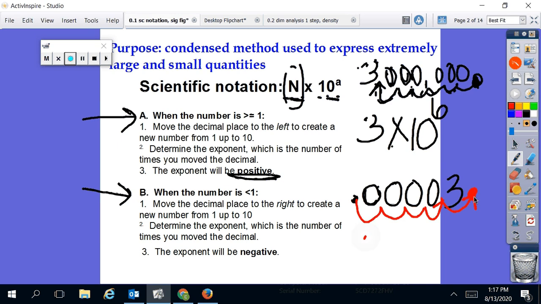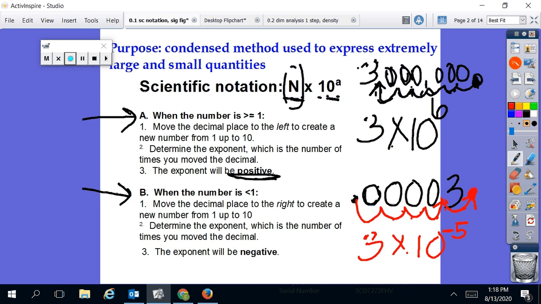And so we once again have our number as 3 times 10, and now we have to count how many places we moved over. 1, 2, 3, 4, 5. And because the number is less than 1, the exponent is actually negative. So those are two examples of how you make something in standard notation into scientific notation.